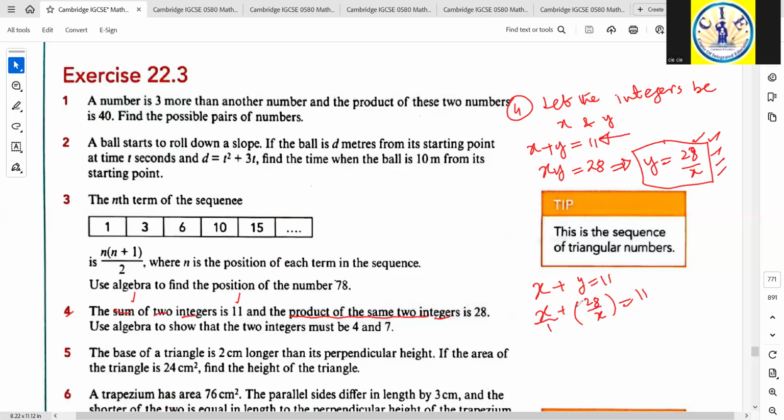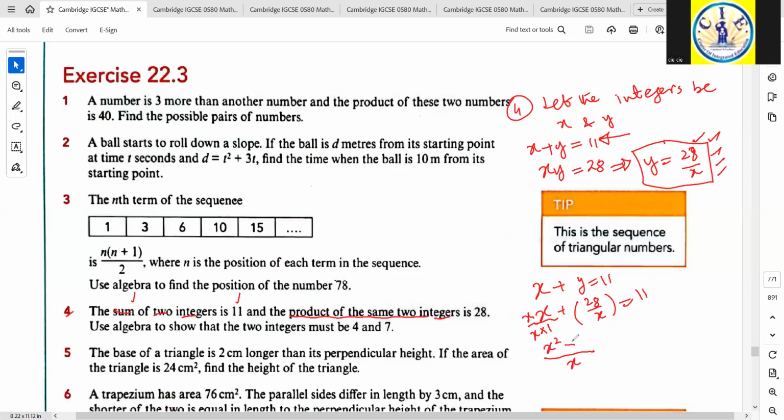Now we need to add the fractions, and for that I need a common denominator. So I'm going to multiply the first fraction by x in the numerator as well as in the denominator. x is there in the LCM.